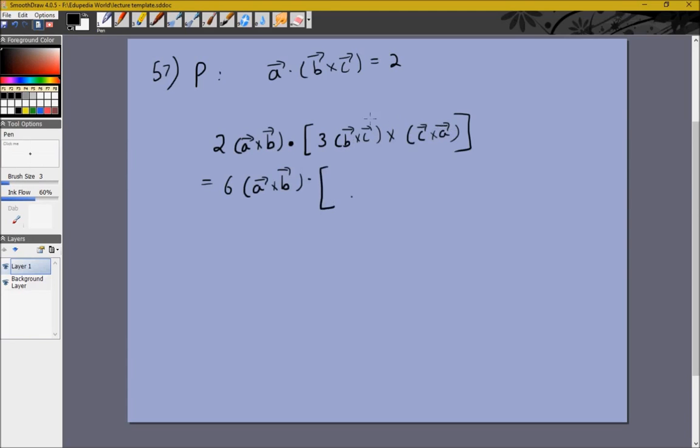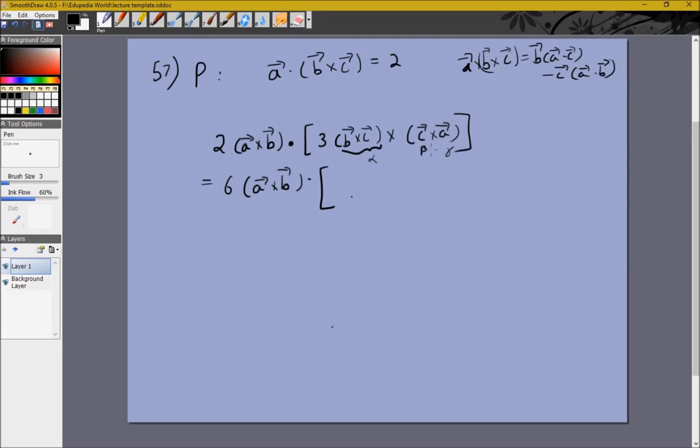Now we can use the rule which we know. A cross B cross C is equal to B times A dot C minus C times A dot B. Since we have cross terms, we can take this as the first term, alpha. This is beta, this is gamma.